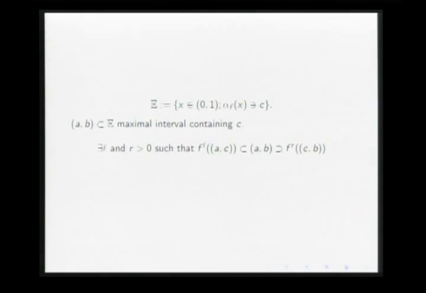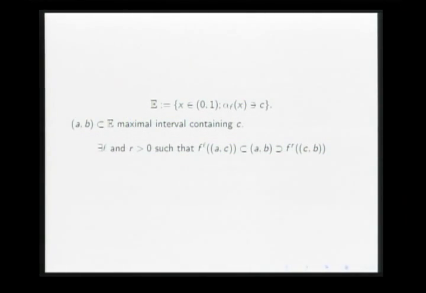And now consider the set of points whose alpha limits contain C. Okay, if you look at the backwards orbits, they will accumulate in C. Consider this. We have constructed the fact that this set has a neighborhood of C. So there is an interval around C inside the set.